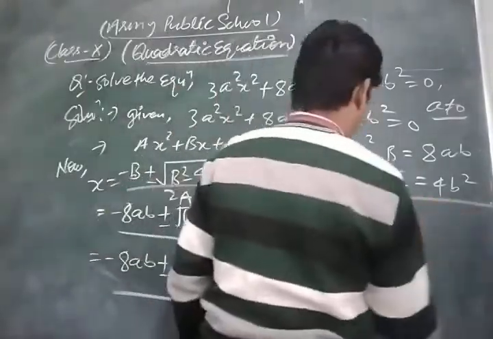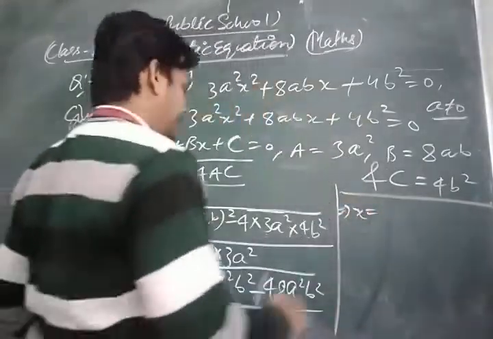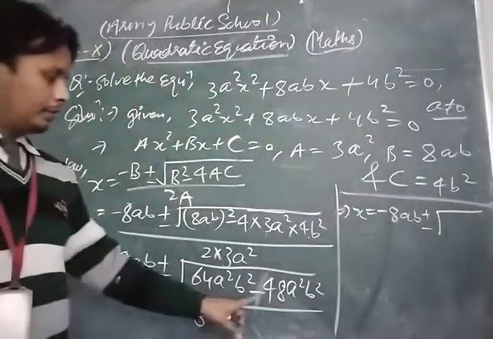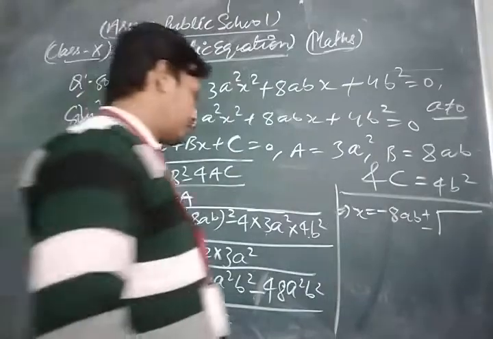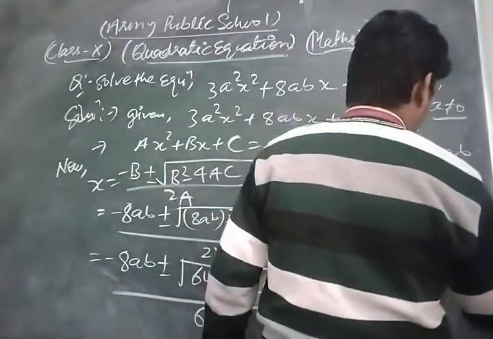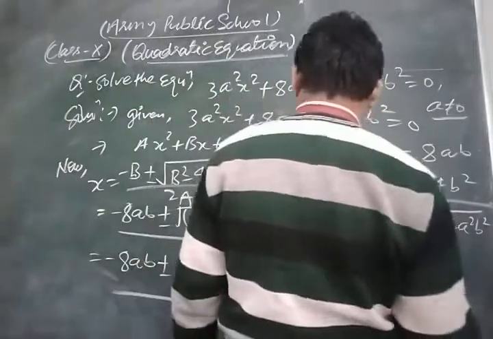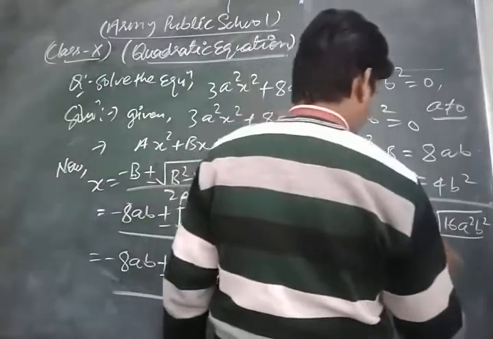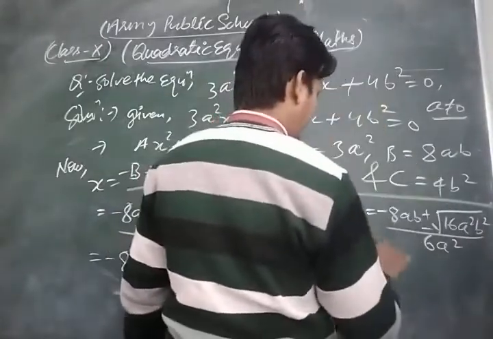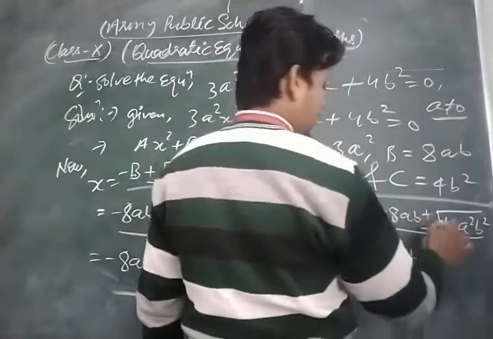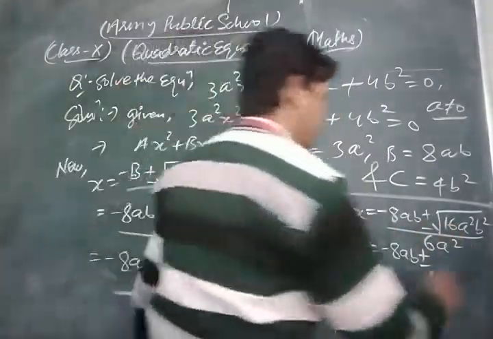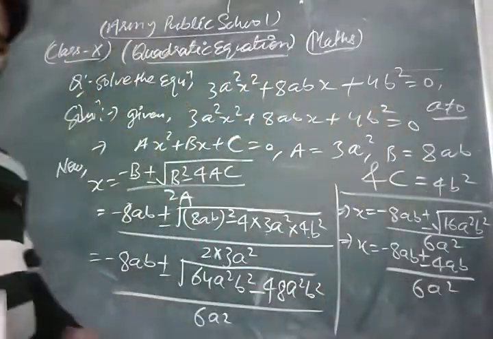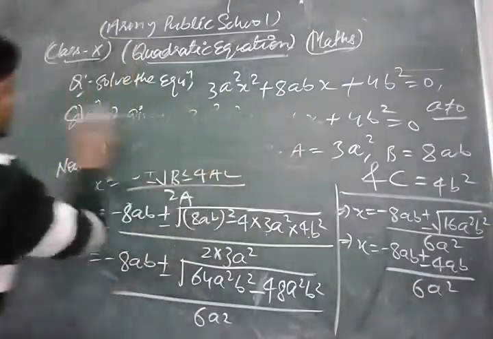Now x is equal to minus 8ab as it is, under root 64 minus 48, this is 16a square b square, upon 6a square. Now minus 8ab plus minus the square root of 16 is 4ab, taken out from the square root, upon 6a square. So in this way we simplify. Now one time we take plus and one time we take minus.